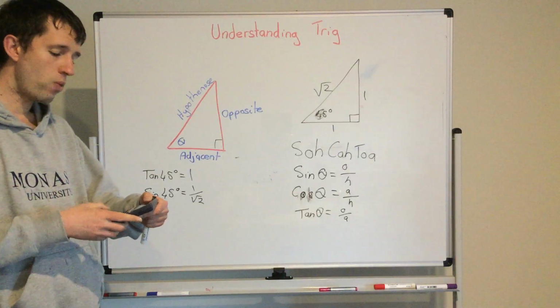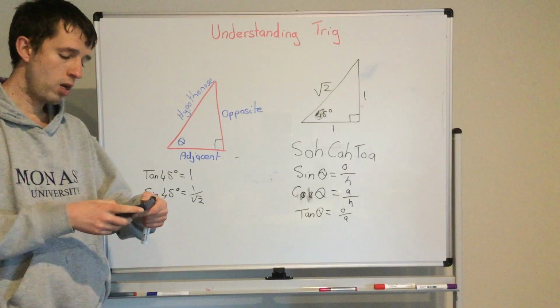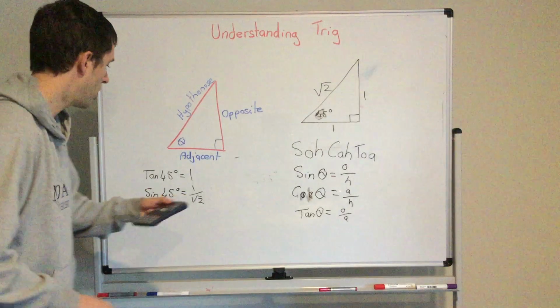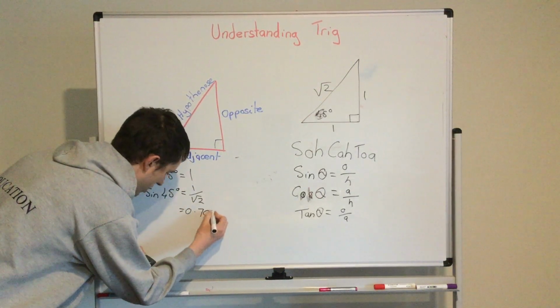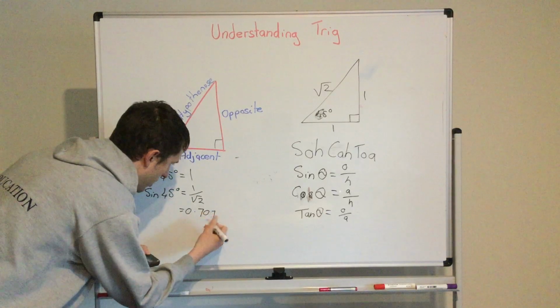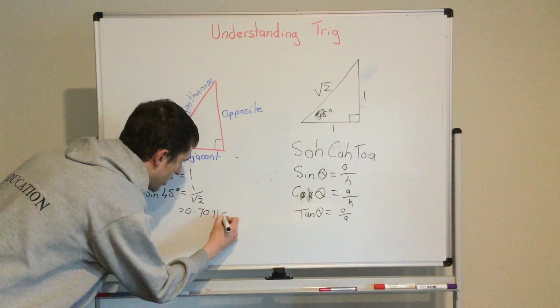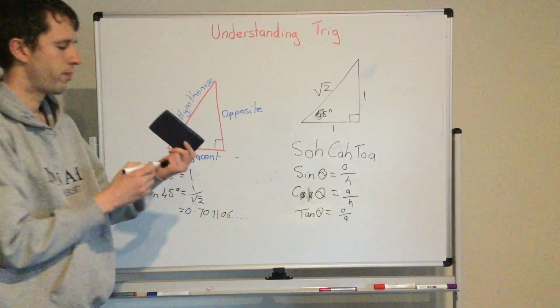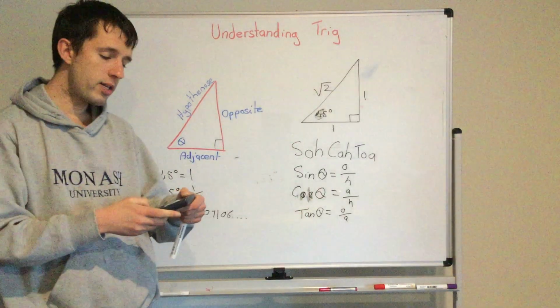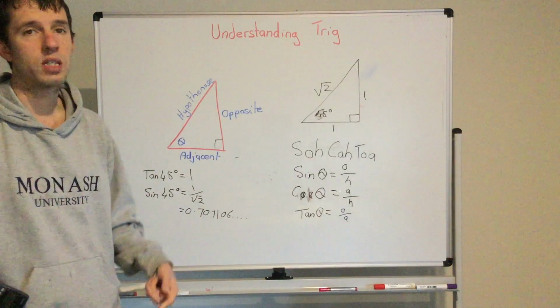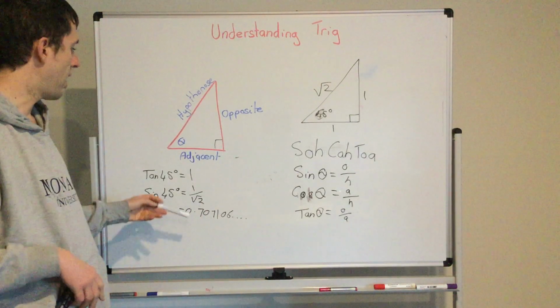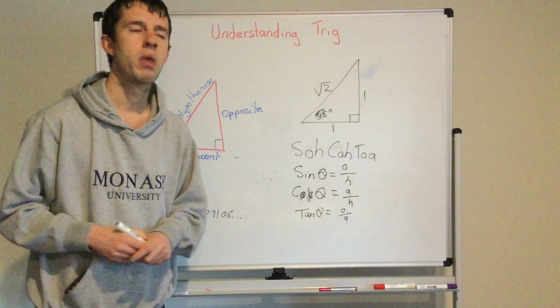If you type in 1 divided by square root of 2, it will give you a decimal of 0.7070106, and it will keep on going. If you type in sin 45 into your calculator, it should come up with the decimal form. But I like to write it as a fraction.